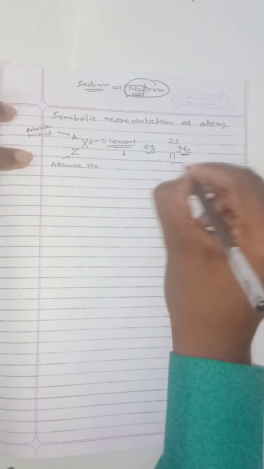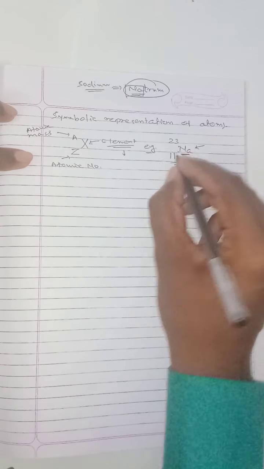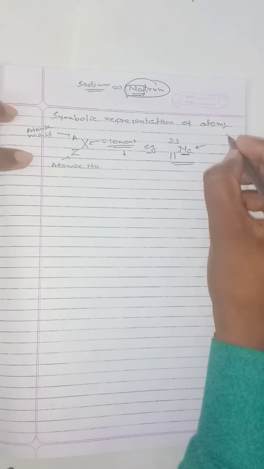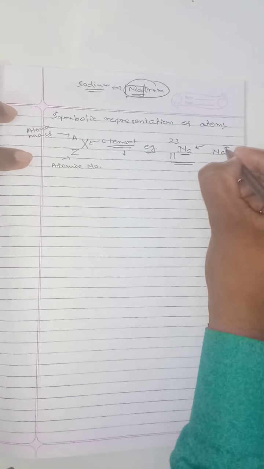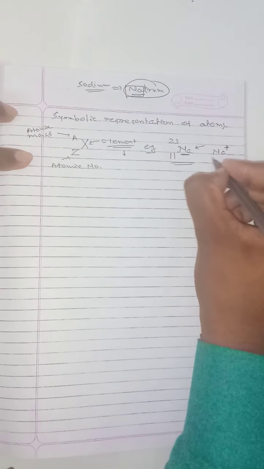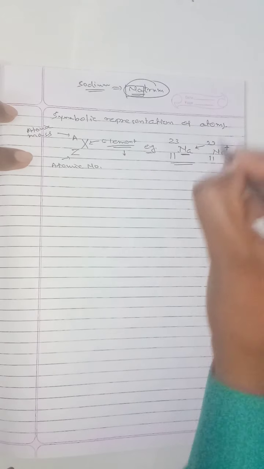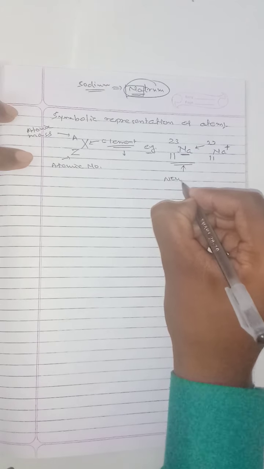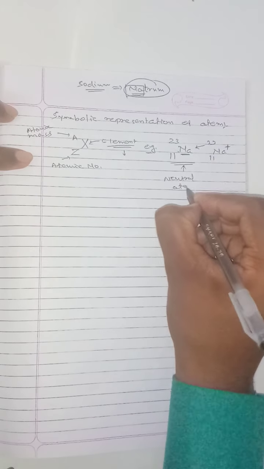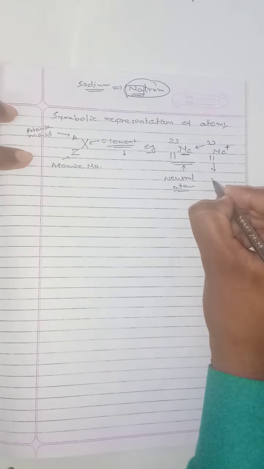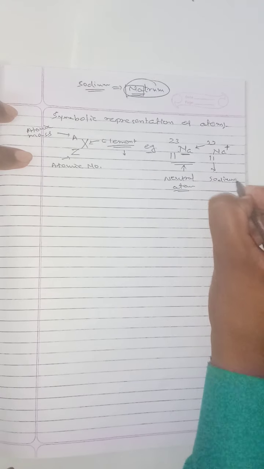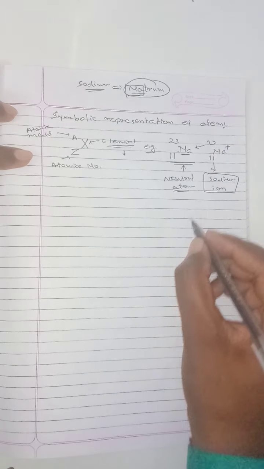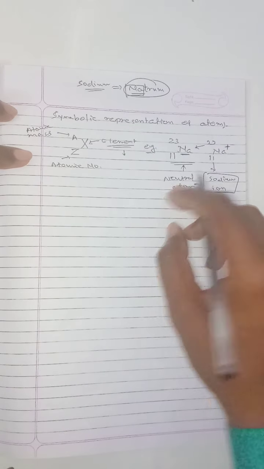Now from this data, this is the neutral atom, and this is the sodium ion. This is the basic difference between the neutral atom and the sodium ion. How does it become a sodium ion from a neutral atom?